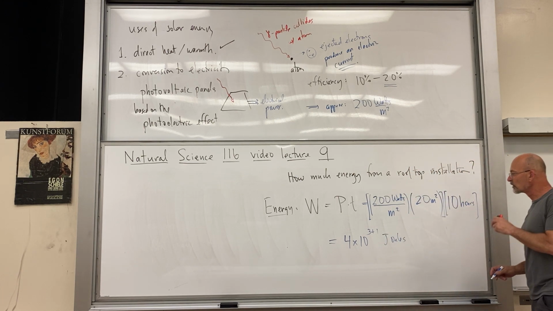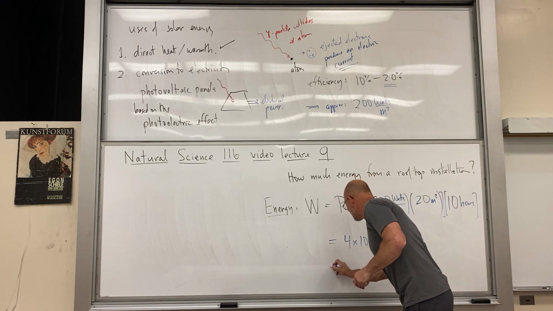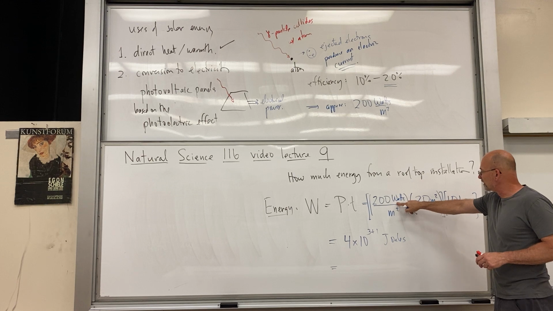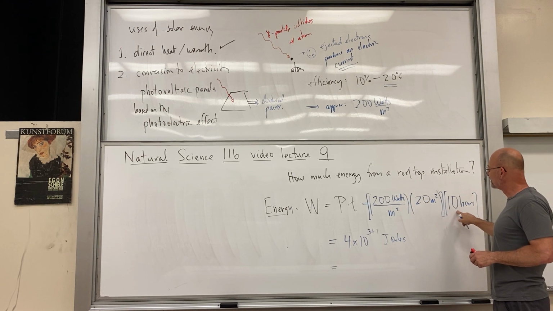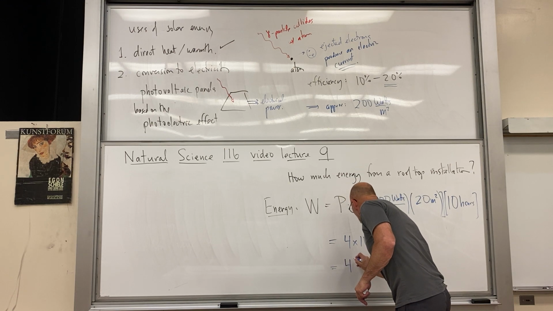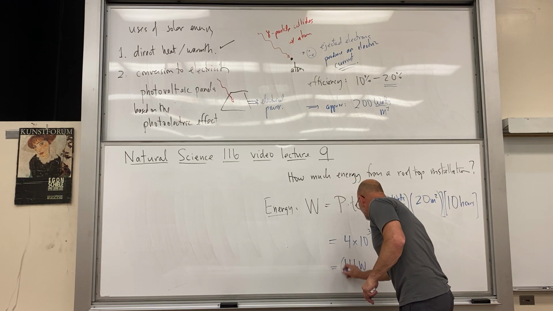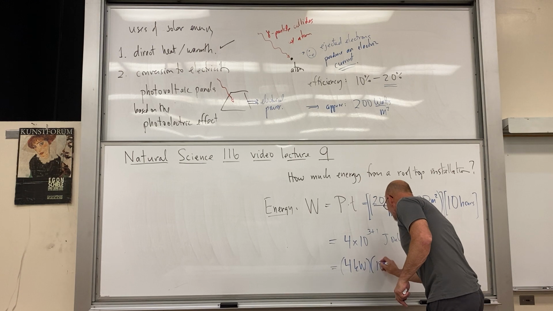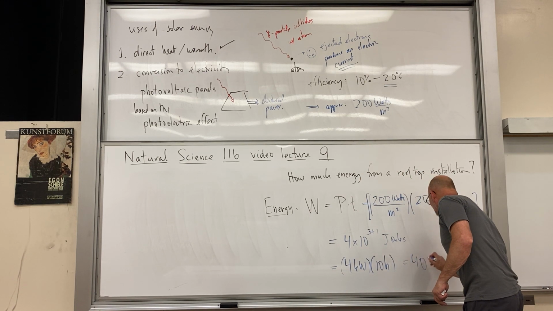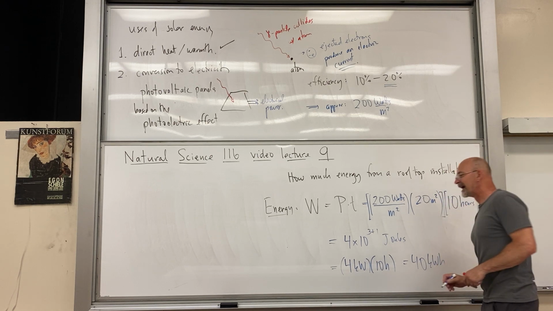Okay. But there's another way to look at this. Namely, we have 4,000 watts times 10 hours. So we can also write that as 4 kilowatts times 10 hours equals 40 kilowatt hours.